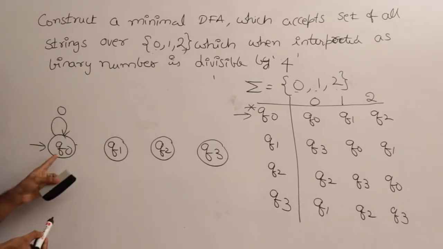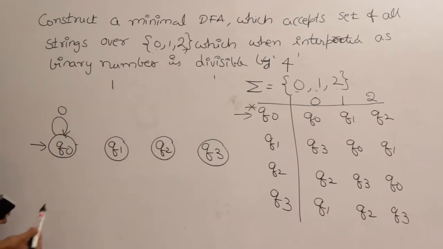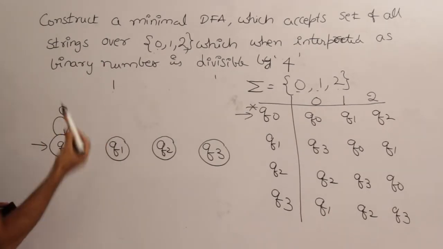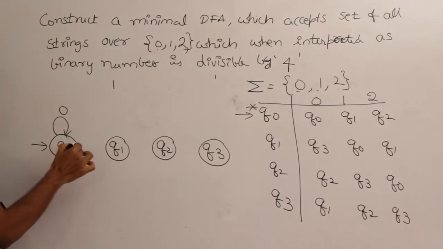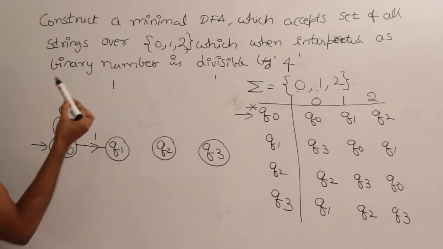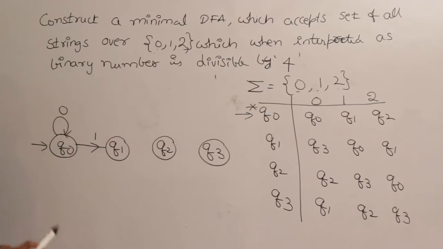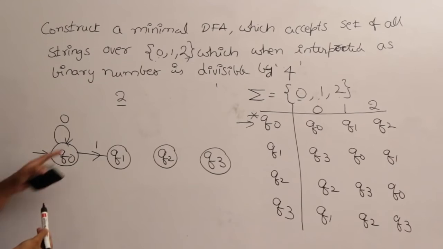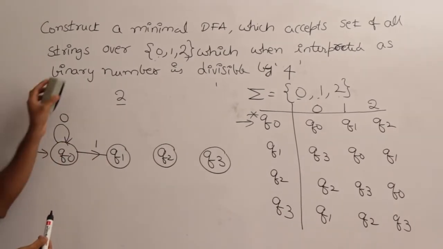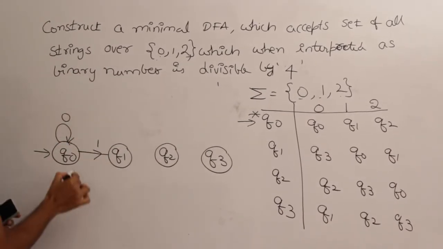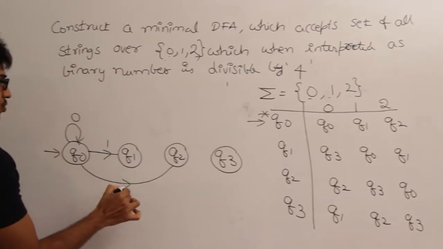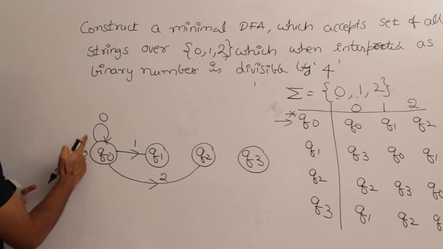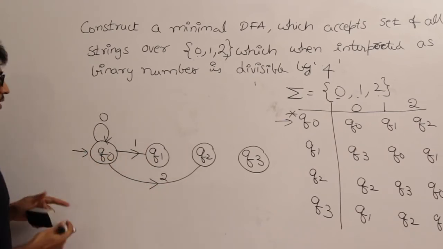If I am in Q0 and see 1, the number is 1, and the remainder on dividing by 4 is 1, so I go to Q1. If I see 2, the number is 2, and the remainder is 2, so on 2 I go to Q2. Q0 is complete, because on 0, 1 and 2 we have given the transitions.